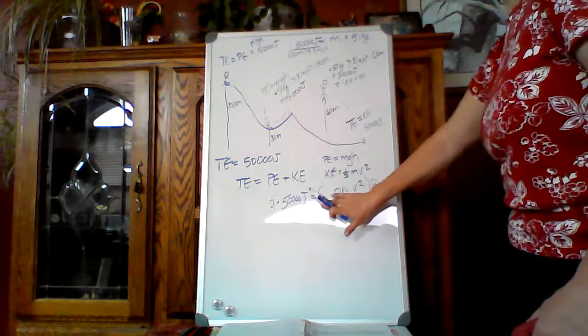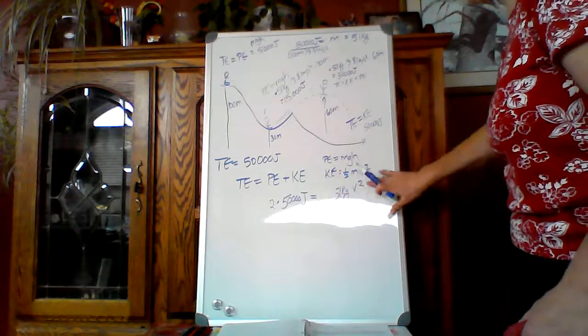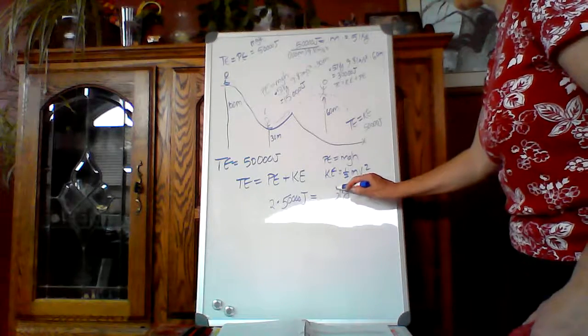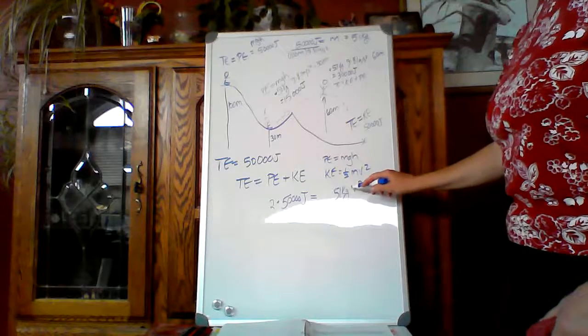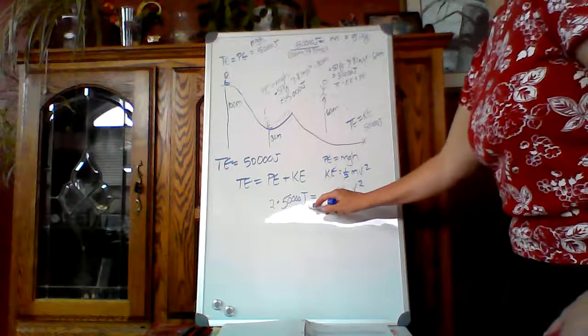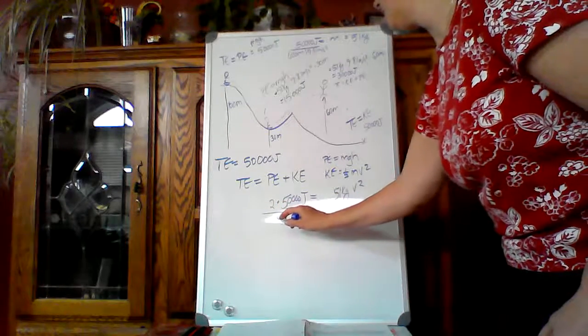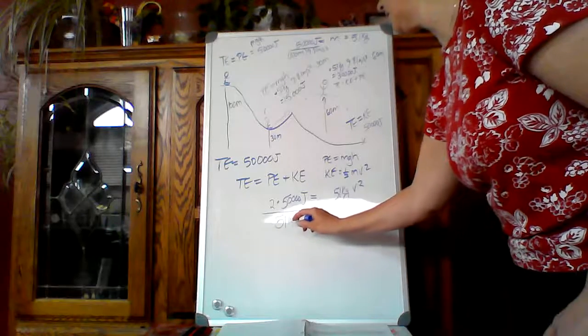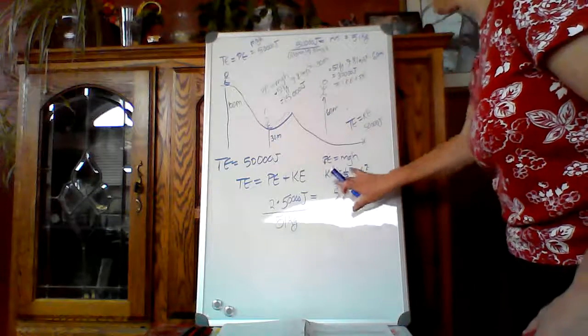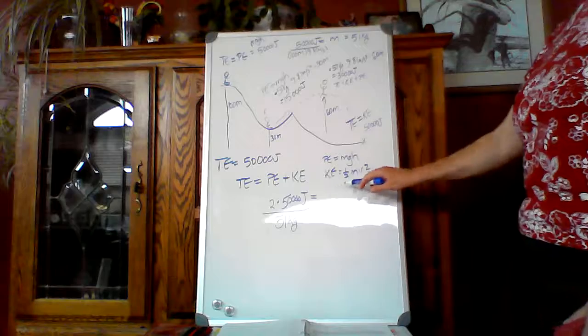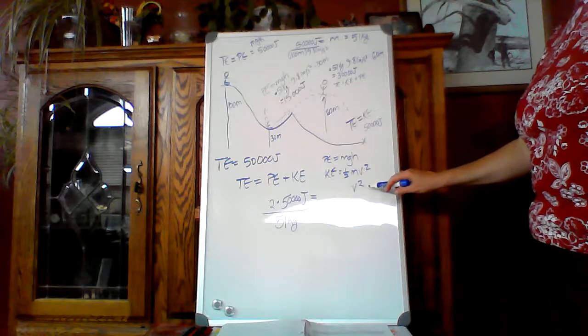Multiplying 1/2 by 2 makes the 1/2 disappear. And then in order to get the velocity squared alone, we would divide by 51 kilograms. And that gives us the velocity squared.